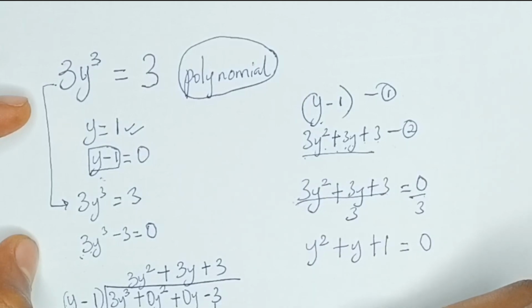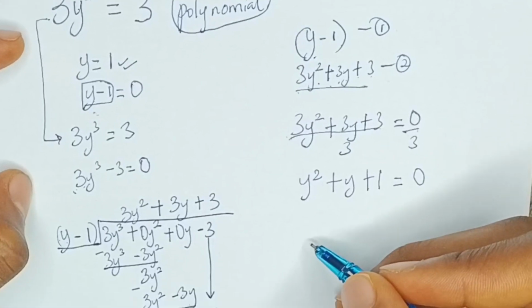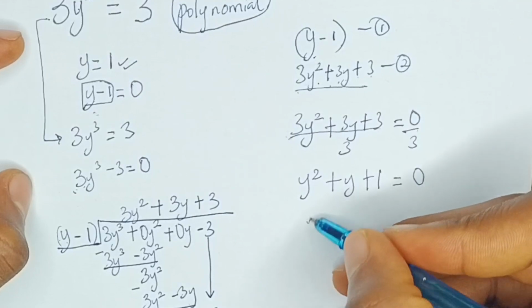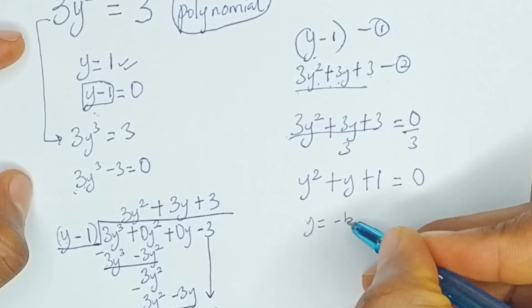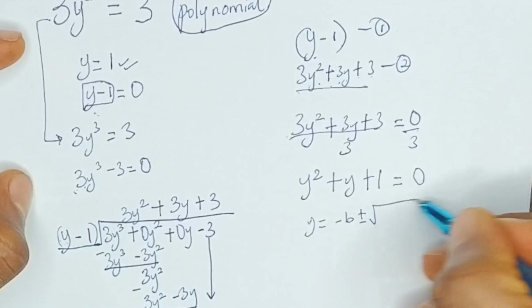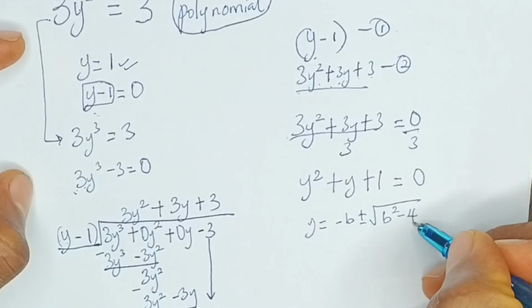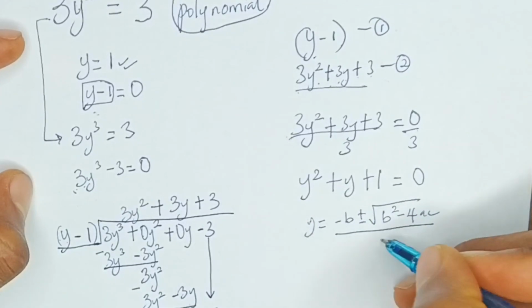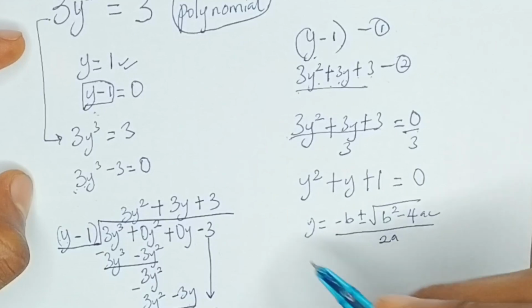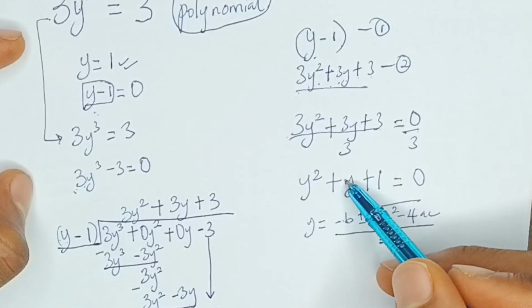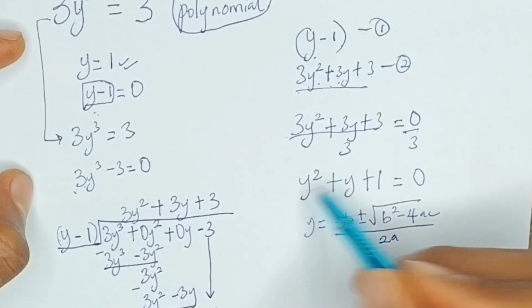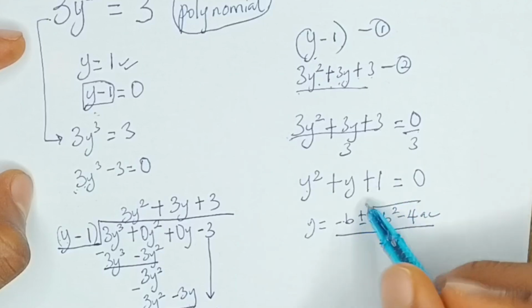However, you can use the almighty formula or the quadratic formula to get the values of y, which I'm going to be applying immediately. But what does this almighty formula state? It states that y will be equal to minus b plus or minus square root of b squared minus 4ac, all over 2a. Now, b is the coefficient of y, a is the coefficient of y squared, and c is the constant term, which is 1.